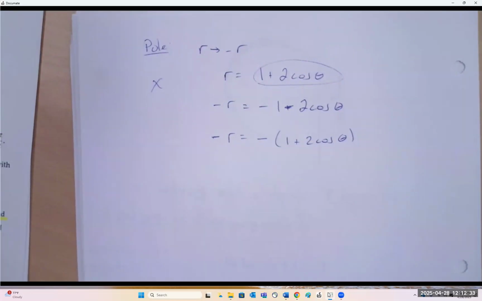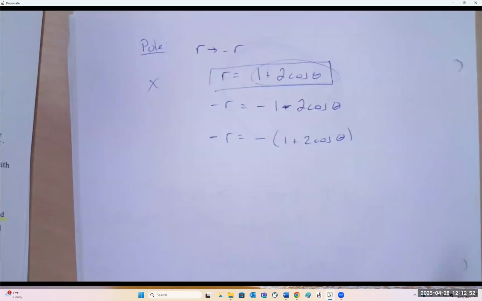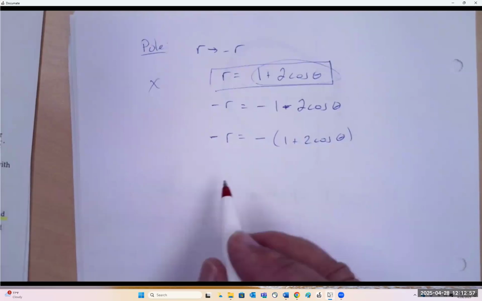It's not that difficult. We just have to go through it to see if it's symmetric. That was the question I had, would it matter if the equation is already made? No, because what matters is, can we get it back to that equation? So it still has to look like the original, right?